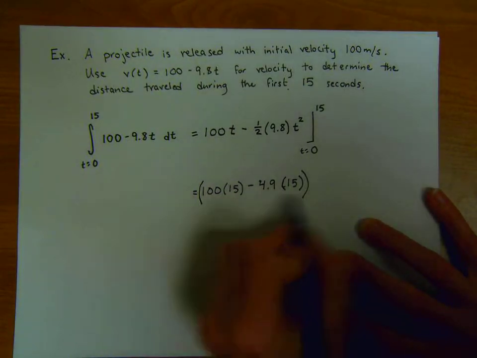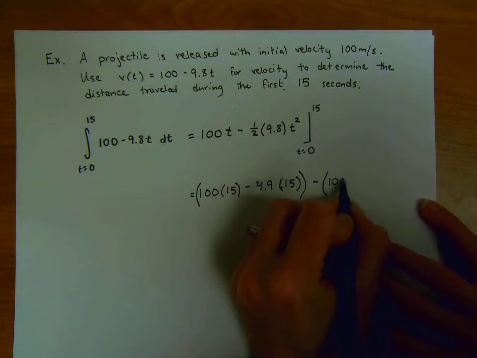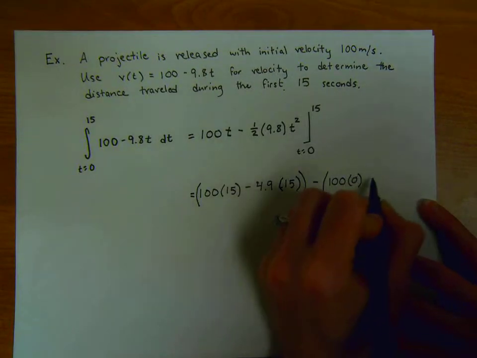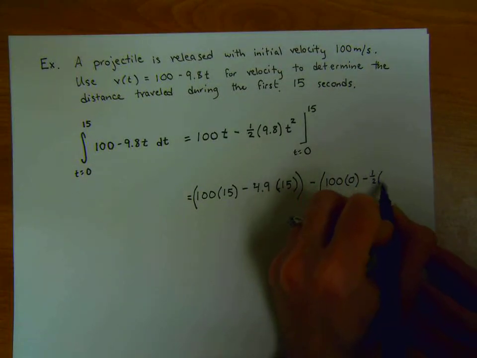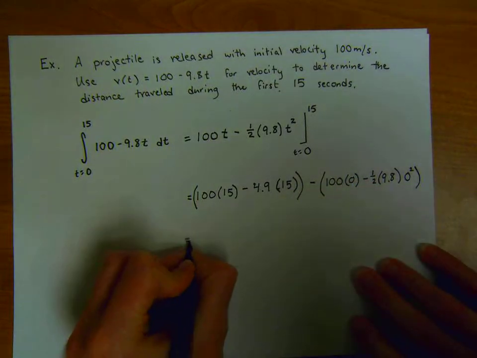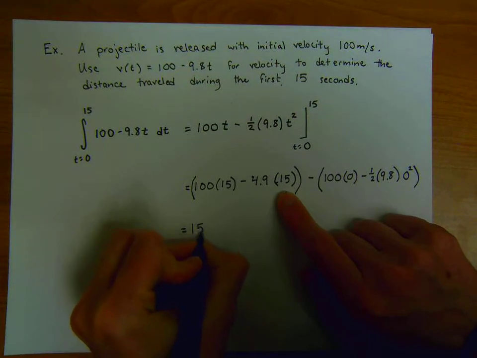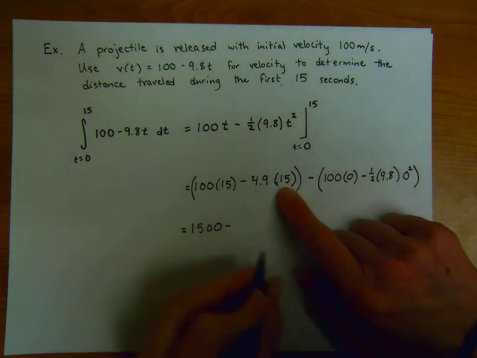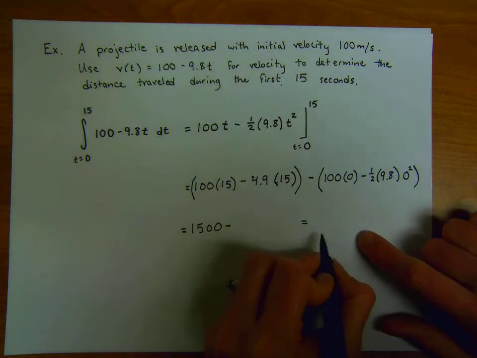This is evaluated at the upper bound, and you can see in your head that evaluating it at the lower bound will also just be a bunch of zeros because there's a t in each term of this integration. So it means that my total distance traveled in this case is going to be 1500 minus 4.9 times 15 squared, which gives us a final answer.